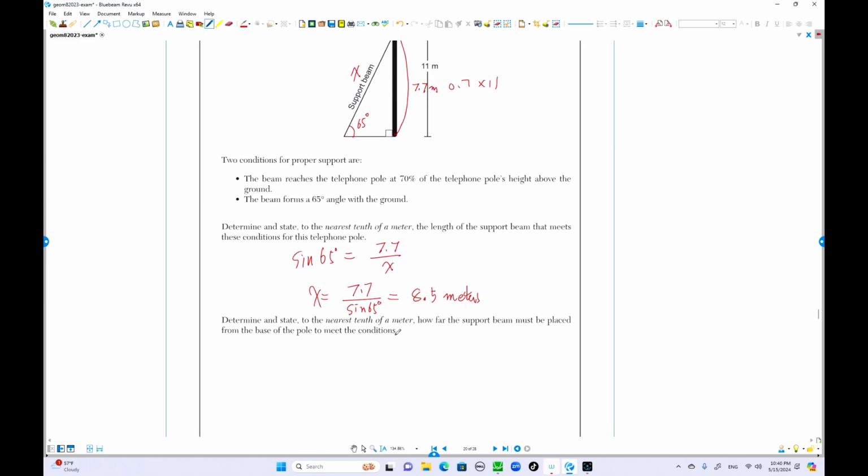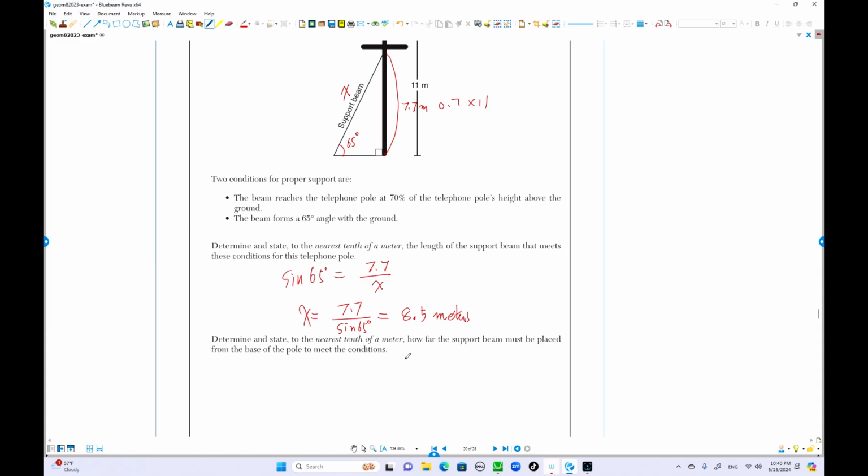Okay, we have one more here. We're going to find the base of the support beam, this base. At this time, better to use these two numbers, since this one is a rounded number already, okay? So tangent 65 degrees equals 7.7 over y.